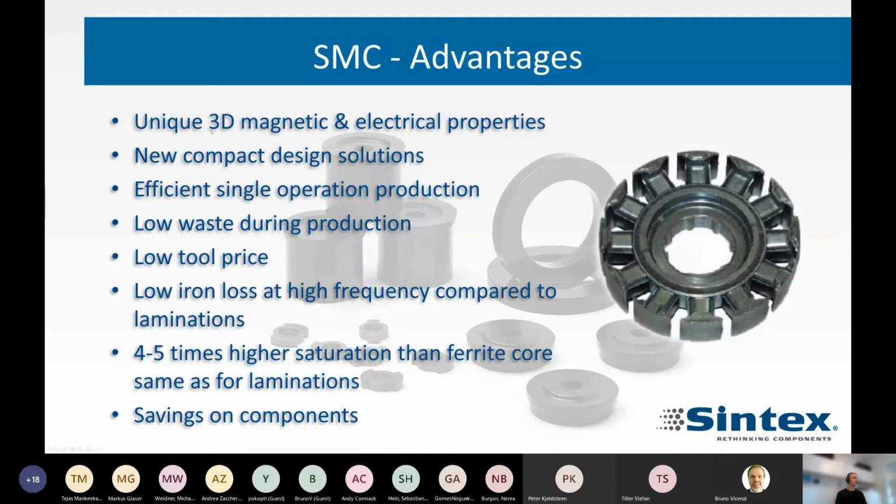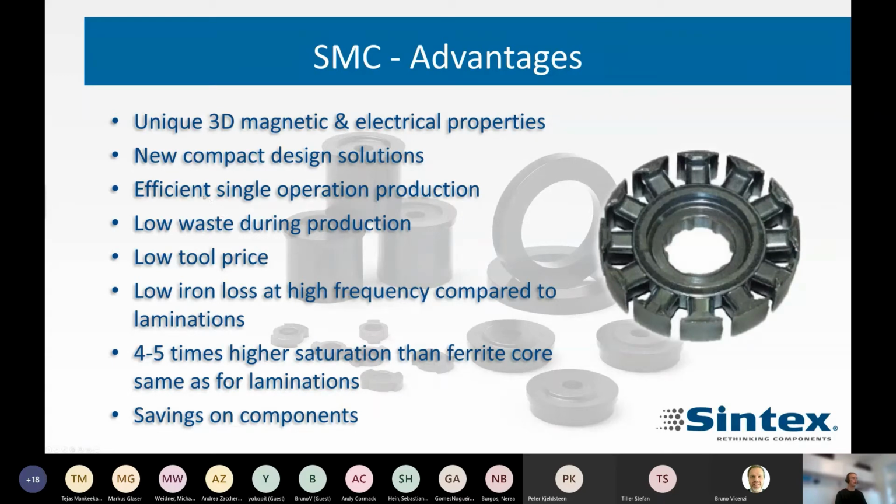So as I said, we have 3D unique magnetic properties and electric properties. We can do the design in very compact solutions, with efficient single operation production, where we just do one compression, and then we are more or less finished with the whole component.